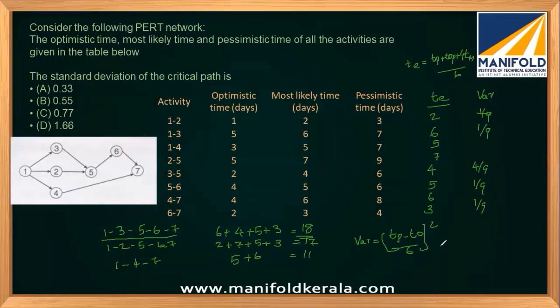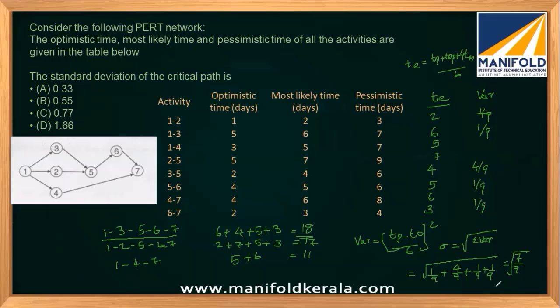Now the standard deviation is nothing but the root of the sum of variances, which will be equal to the root of 1 by 9 plus 4 by 9 plus 1 by 9 plus 1 by 9, which will be 7 by 9 under root.